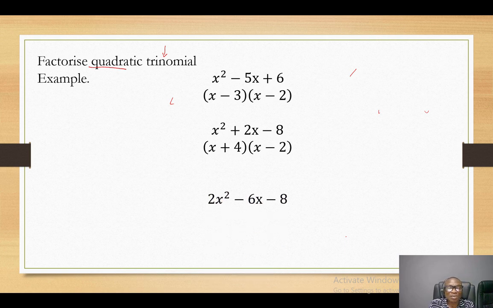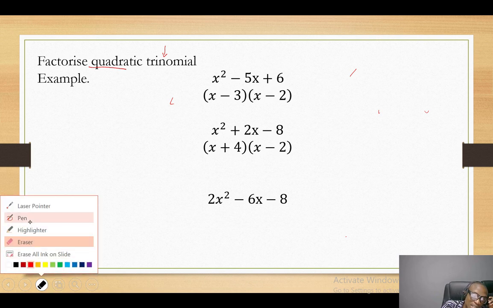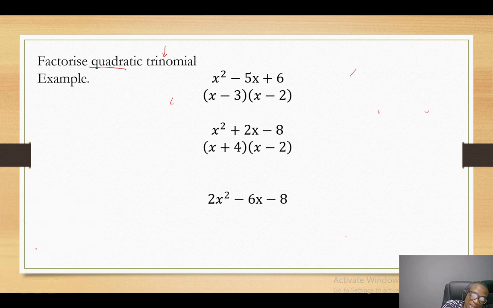2x squared minus 6x minus 8. This quadratic trinomial is interesting. It has got 3 terms. It's not interesting because it has 3 terms. All these quadratic trinomials have been having 3 terms. What makes it interesting is that before we factorize this quadratic trinomial, we have to take out the common factor, which is 2.